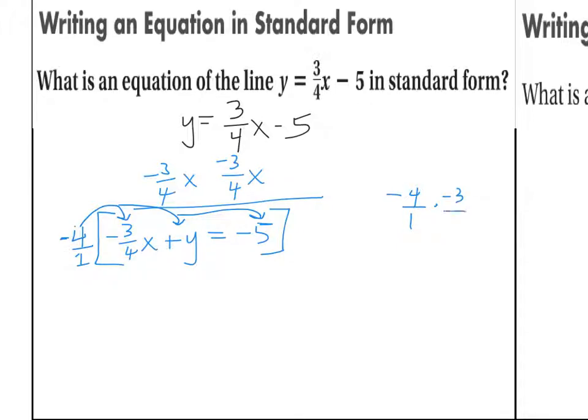So negative 4/1 times 3/4. Well, negative 4 times negative 3 is 12. 4 times 1 is 4. And 12 divided by 4 gives me 3. So this is going to be 3x.